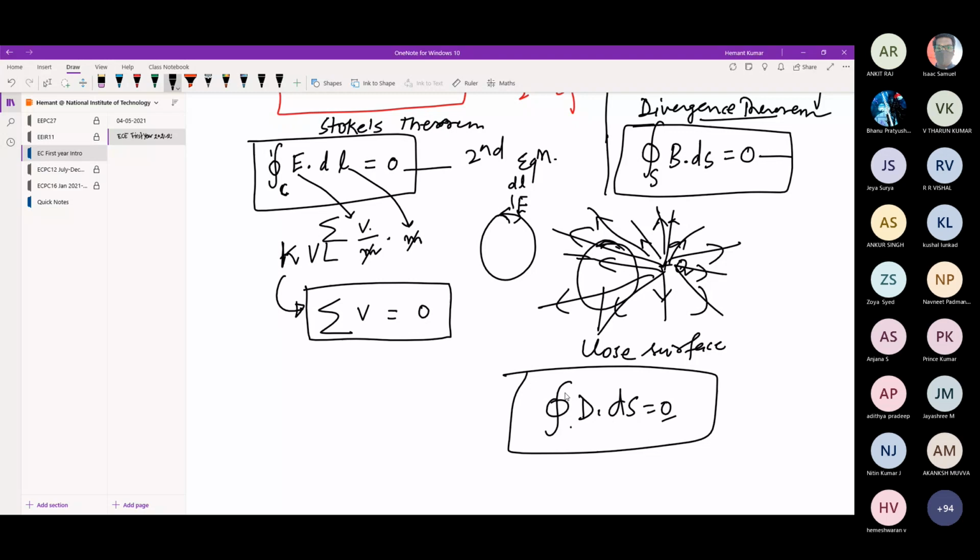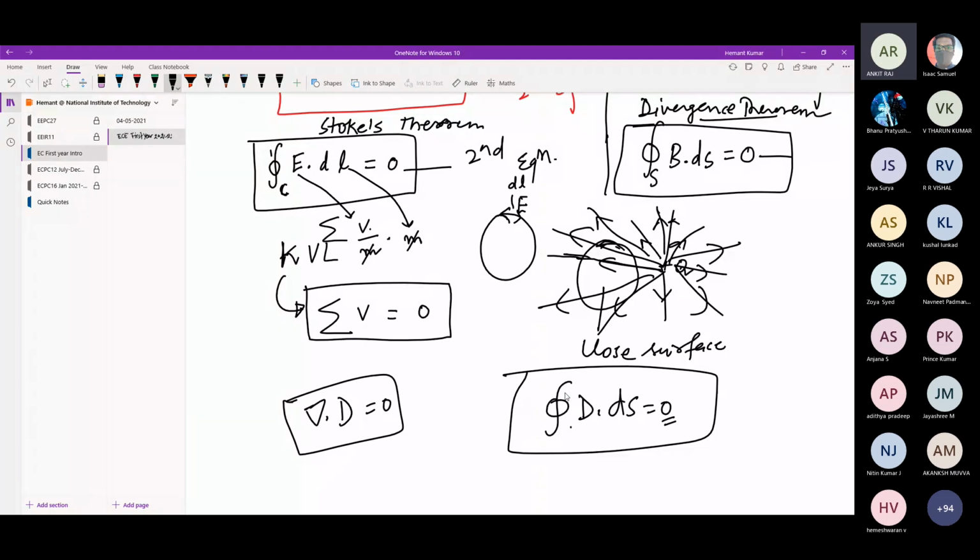Why is it 0? Charge is not inside it. Or the alternate way you can say, whatever electric flux goes into the closed surface comes out. So the net electric flux leaving the closed surface is 0. So you can say the divergence of D is 0. In this way also, del dot D equals 0 because there is no charge inside.